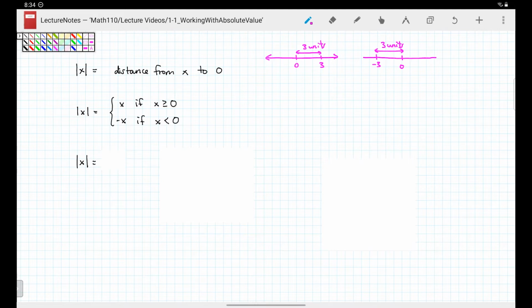Okay, another definition of the absolute value that some people are less familiar with is this one, which is the square root of x squared.